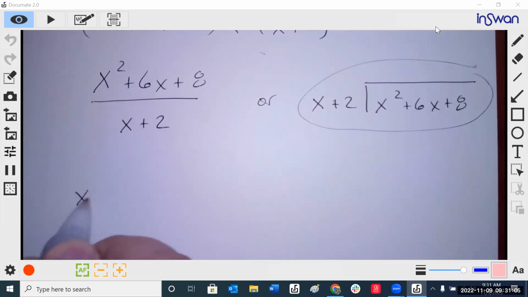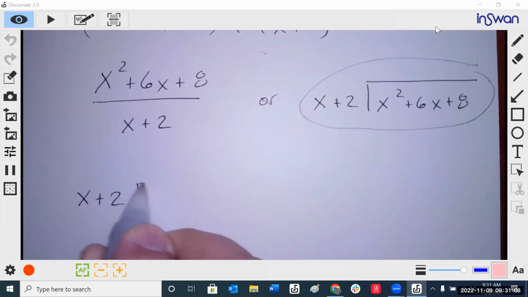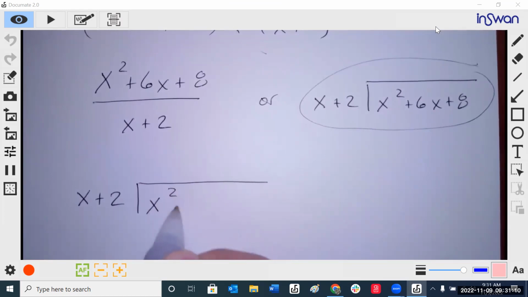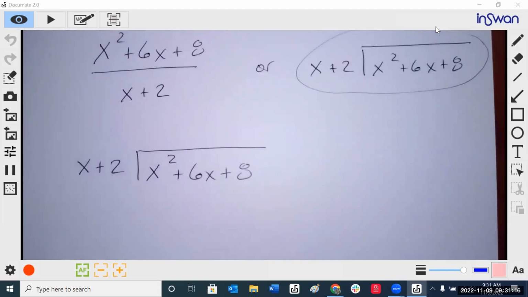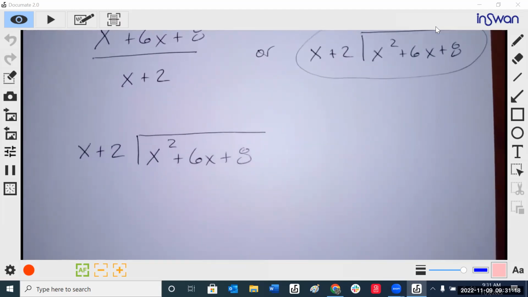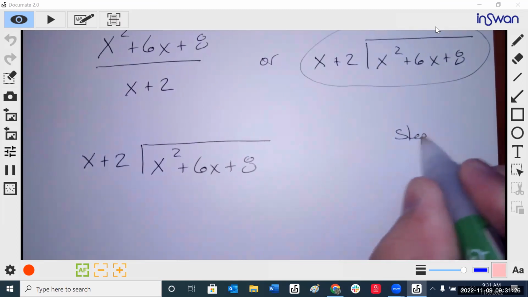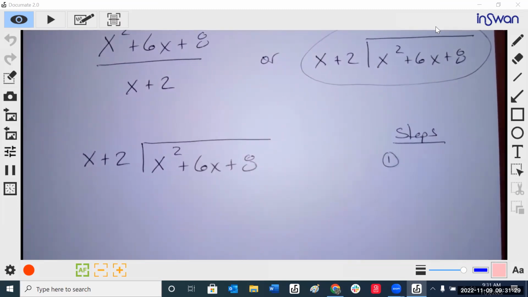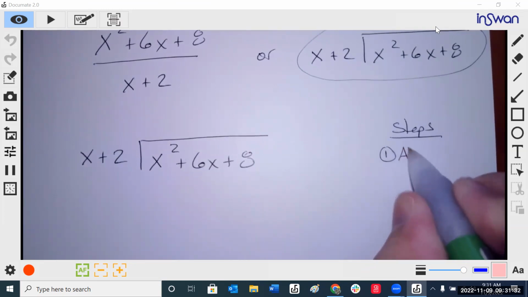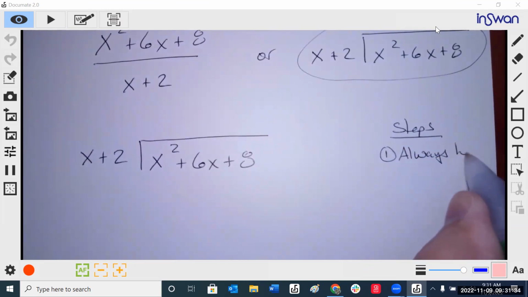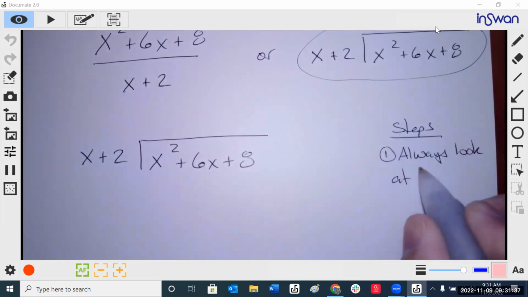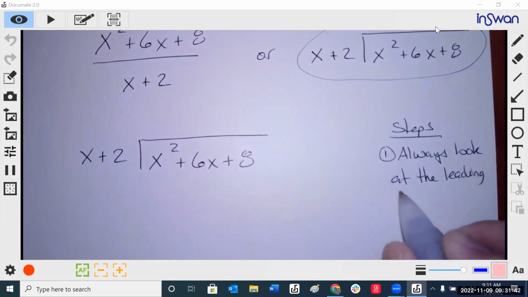So we have x plus 2, x squared plus 6x plus 8. Here are the steps. Always look at the leading term.